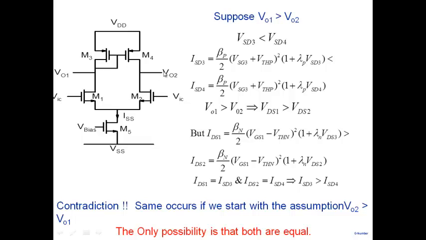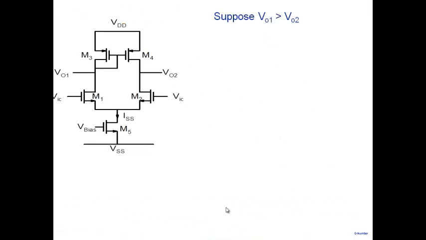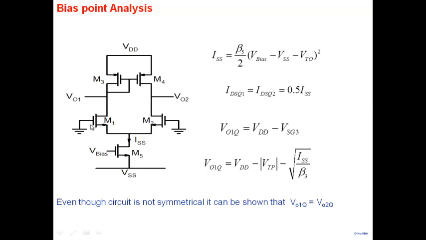Okay, and you go ahead and do simulation and you find that under all conditions the two voltages are exactly the same. So it matches with our expectations from this analysis. So then let's go back, and that's what I said, that when I put ground here and ground here, V01 is exactly same as V02, and therefore the currents are the same, and whatever voltage you calculate through this expression, the same value of the DC voltage will be at this particular point here, the bias point.